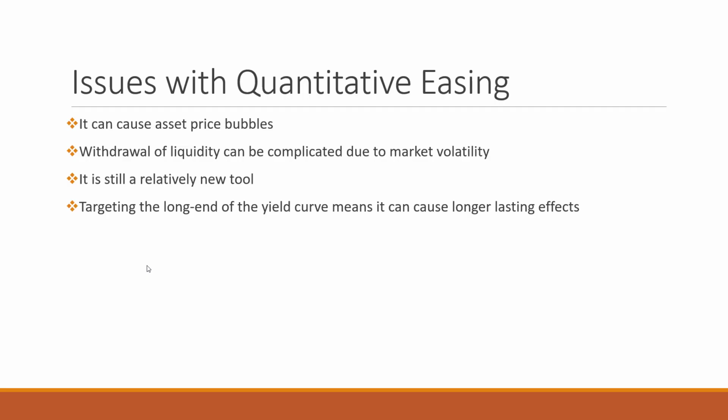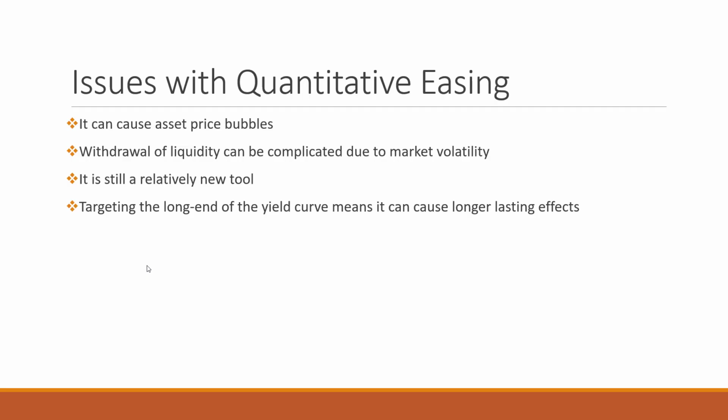When they put it in, they just printed loads and loads of money and bought all of these securities. But when it comes to taking it back, they've got to be much more careful, because it can create a lot of volatility. It can create a lot of fear in the markets, and they need to be careful they don't cause a financial crisis, or they don't cause equities or whatever assets we're looking at to move down too much, because that could then lead to a financial crisis.